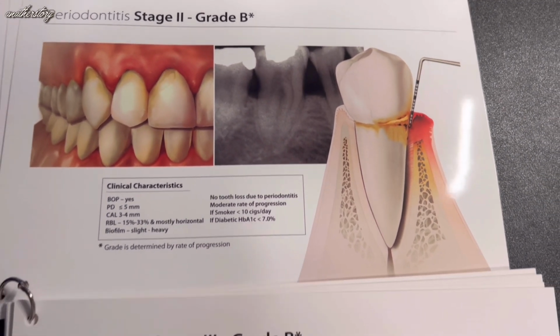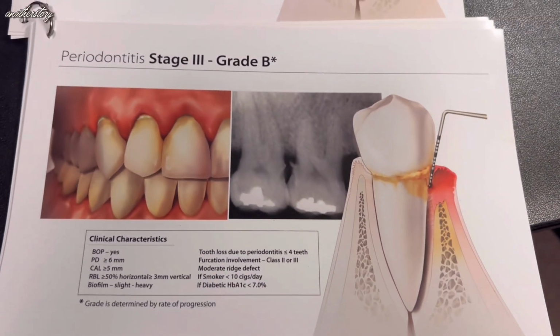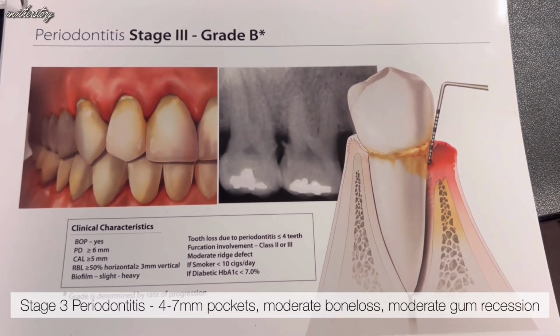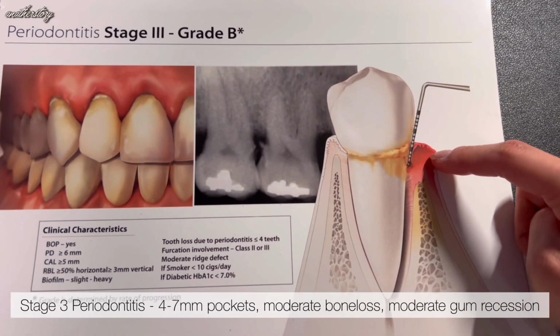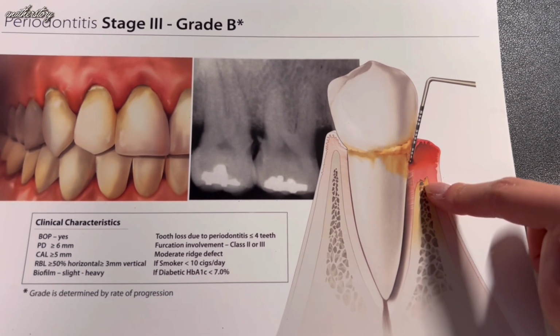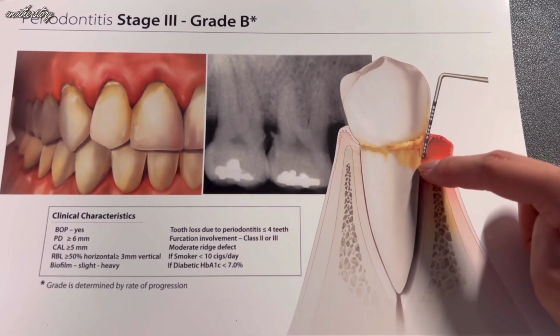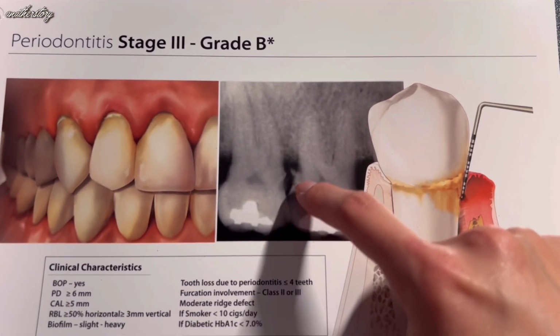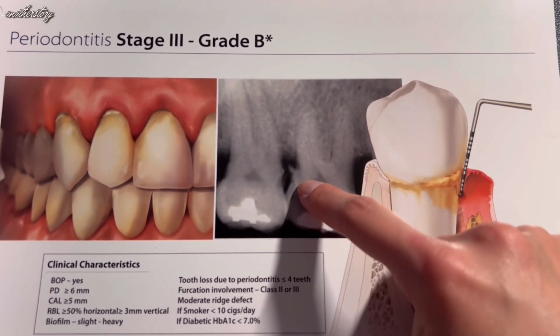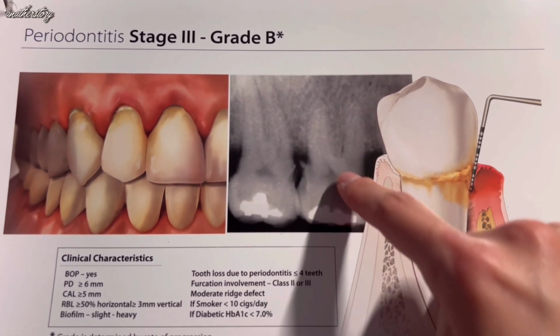And then let's go ahead and move to stage 3 periodontitis, and this is when we see 6 millimeter pockets, and the bone level is lower than where it should be, obviously. And see the spikiness, the tartar existing underneath the gum.